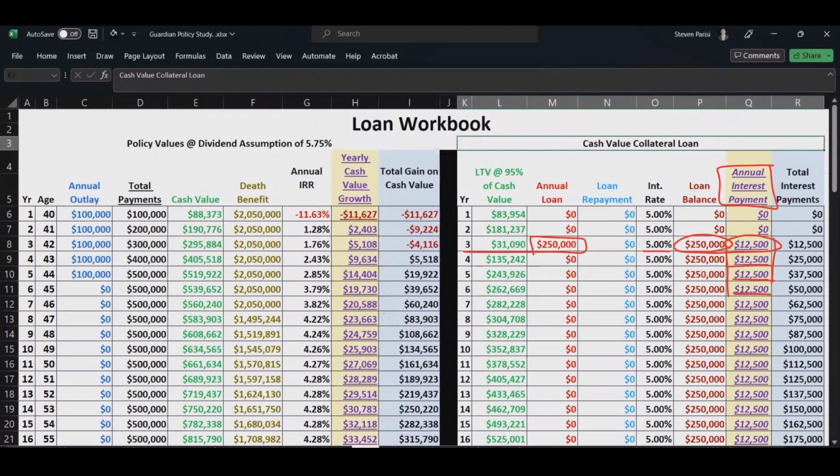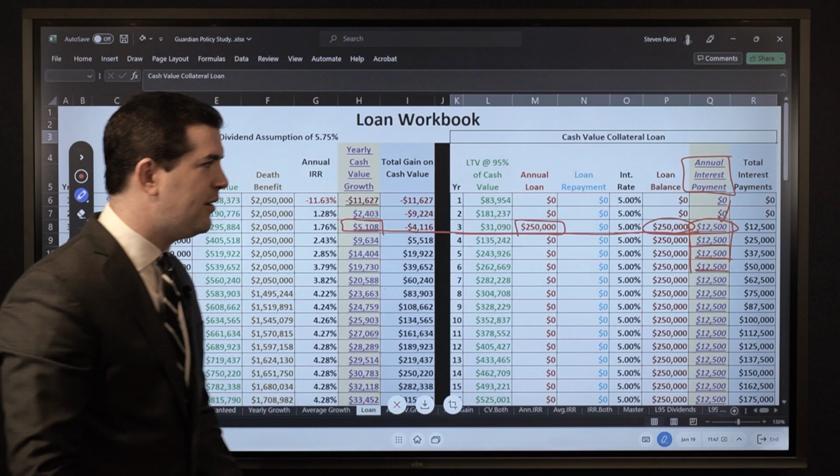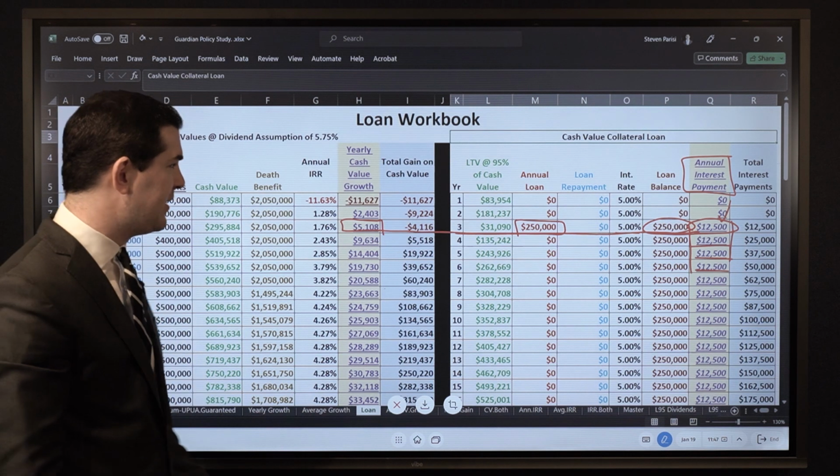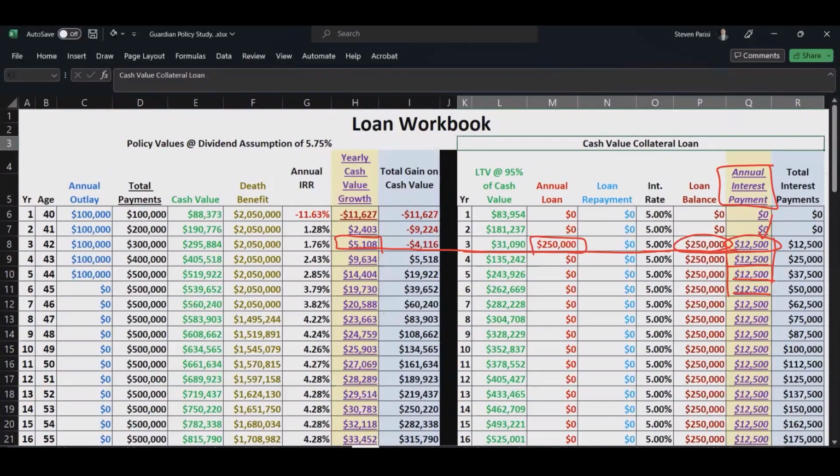And what it allows you to do is now, okay, if I take out $250,000 in year 3, when my gains were $5,100, but I paid $12,500 in loan interest, I'm in the red. I'm paying more in loan interest than what the policy is earning. However, next year gets close, and then by year 5, the gains are $14,400, where I've paid, again, $12,500.